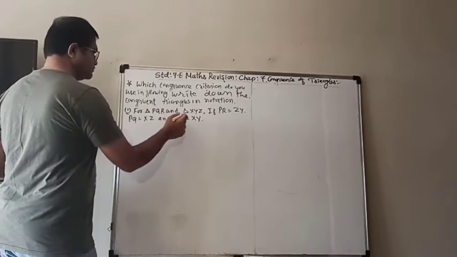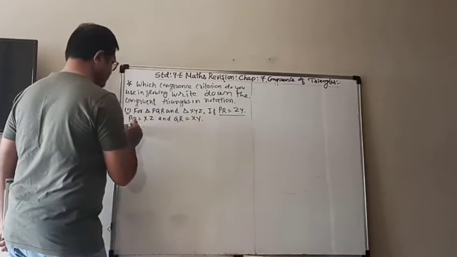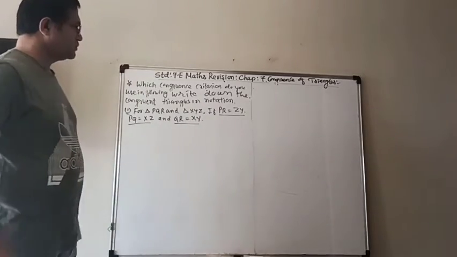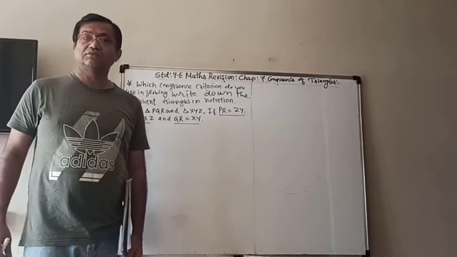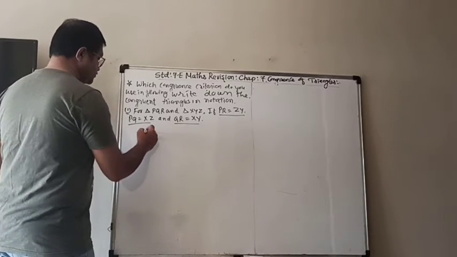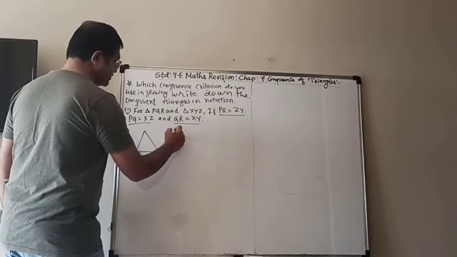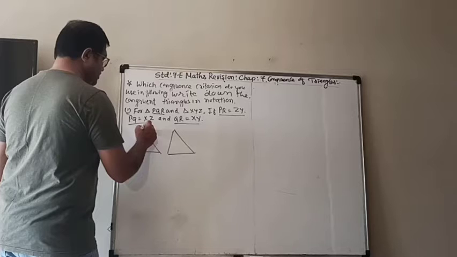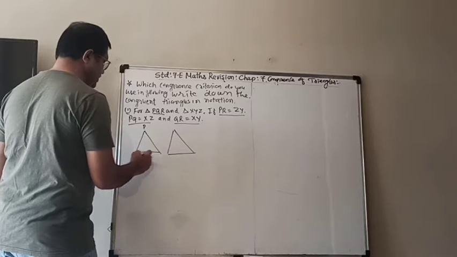So now these three parts are given. We have to check which criteria will be used here. So in this situation, draw two triangles, but first only give the name of the first triangle PQR.